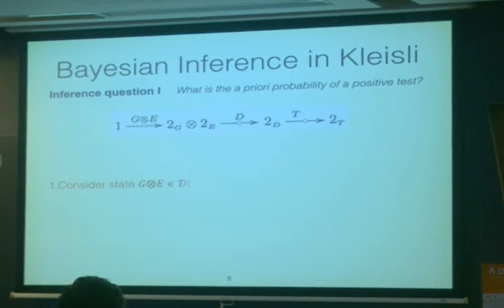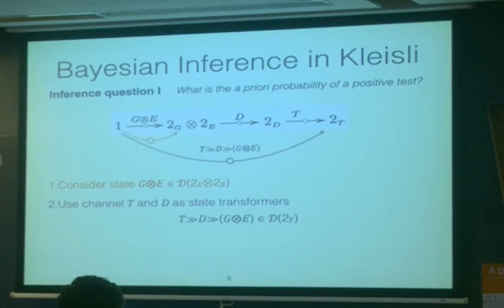Then we use channels to transform this state into a state on 2 of T, on the test node. And this was our notation, but this is simply composition in the Kleisli category. So we use channels T and D as state transformers. Then we consider a predicate on this node, positive test.